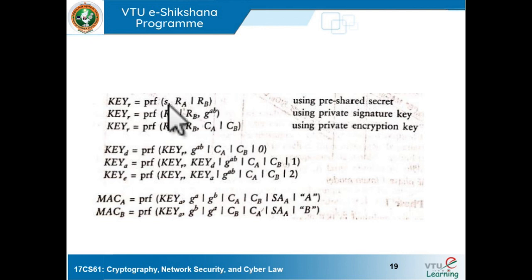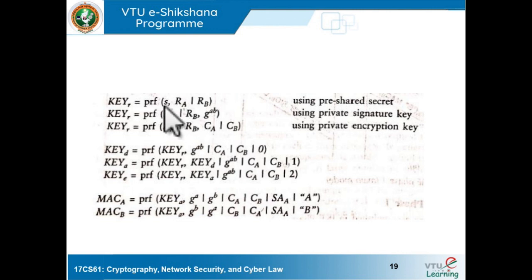Over here this key R represents the root key. This is equal to PRF. PRF is a pseudo-random function that is applied over S and also RA and RB. Now what is this S?